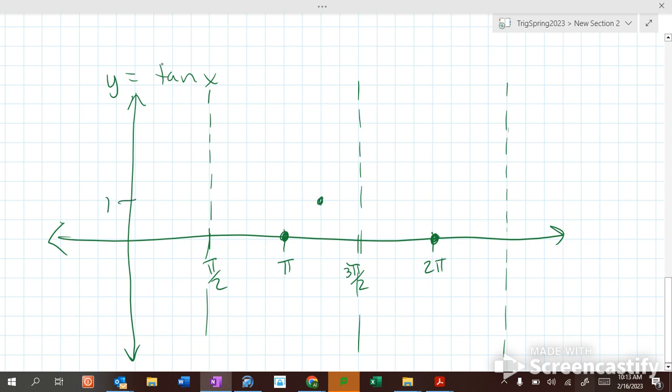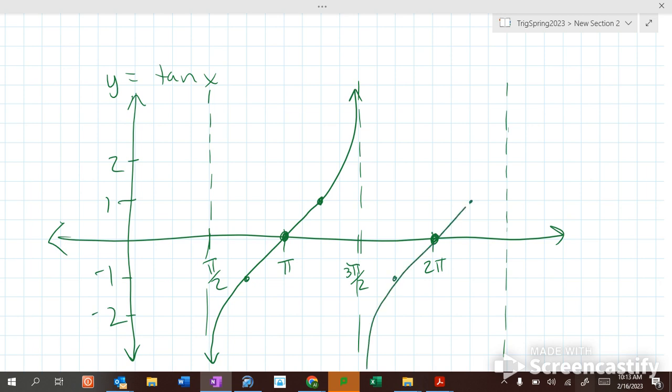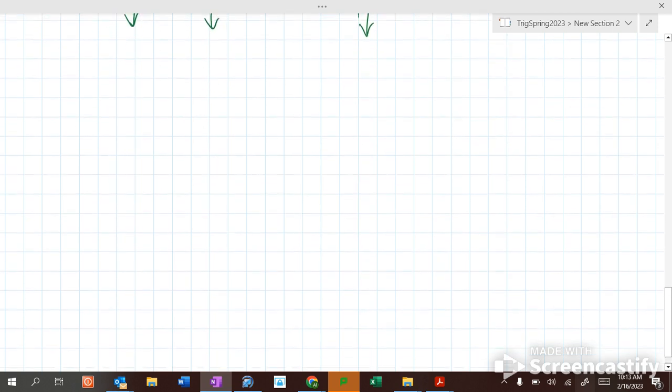So if this is 1 and this is 2, -1, -2, we're here, so we go along the asymptote, slide over along the asymptote. Good? Okay, go tangent.